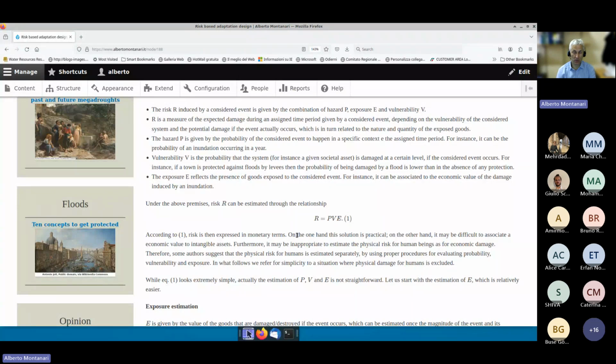If exposure is measured in monetary terms, we get the risk in monetary terms, and so forth.